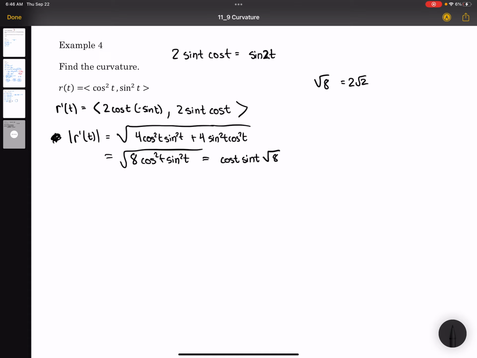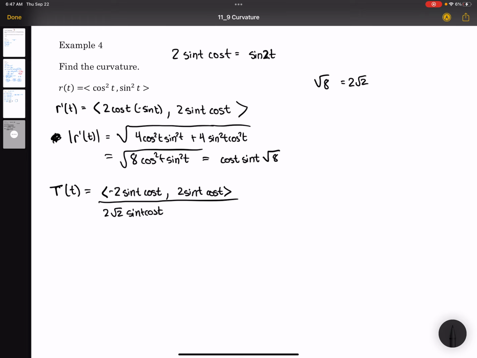So our unit tangent vector is, let's actually write this out. Negative 2 sine t cosine t and 2 sine t cosine t, all divided by square root 8. Actually, you know what? Let's make that 2 square root 2. It's going to be useful. So we'll make that 2 square root 2 sine t cosine t.